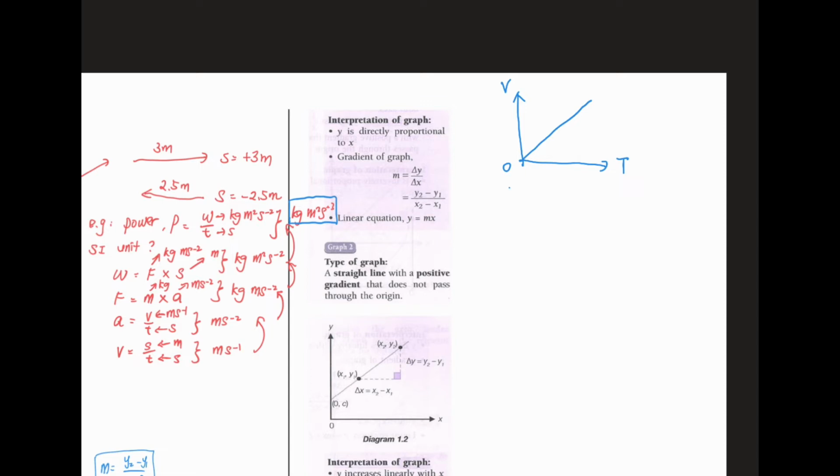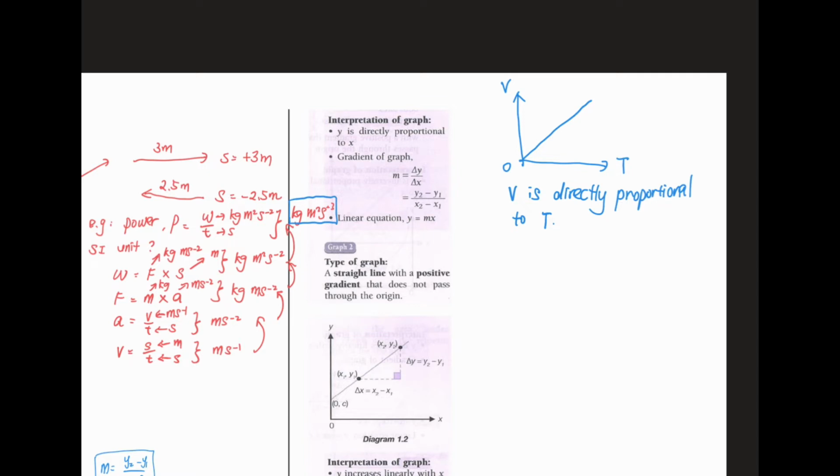So your answer is V is directly proportional to T. So it means when T increases, then V increases. It means something like that.